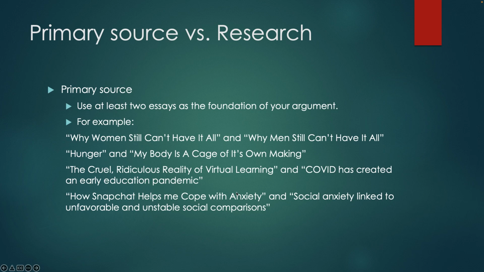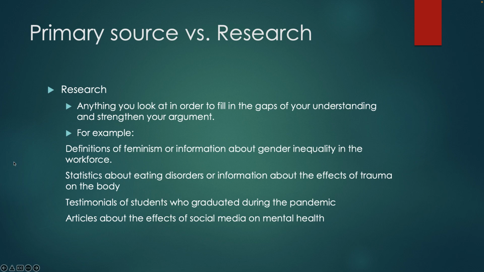So these are primary sources. They are the two essays that you are going to use as the foundation, the solid, main basis of your argument to support your ideas. The research is all of the stuff that you look at in order to fill in the gaps of your understanding.